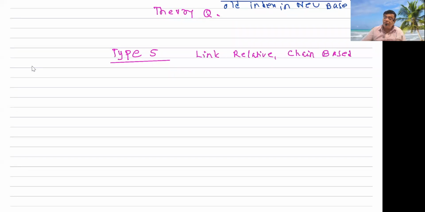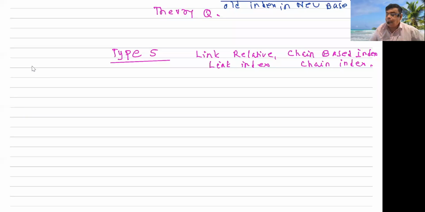Now link relative is also called the link index and this is also called the chain index. जरा मेरी तरफ देखो. I'm just writing the summary so that we can start solving the problems.